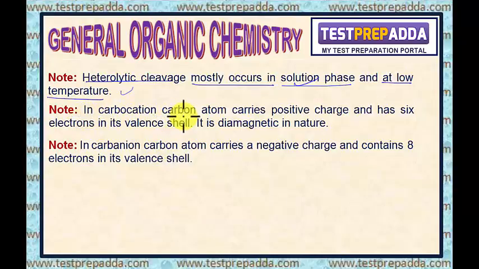In carbocation, carbon atom carries positive charge and has 6 electrons in its valence shell, and it is diamagnetic in nature. Example, RCH2 plus. Okay, and in carbanion, carbon atom carries a negative charge and contains 8 electrons in its valence shell. Example, I can write RCH2 minus.